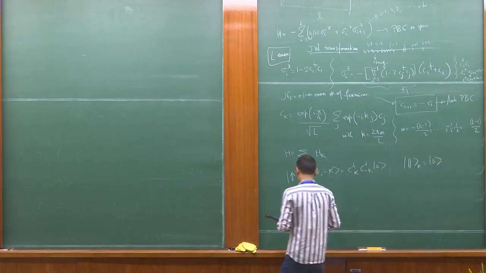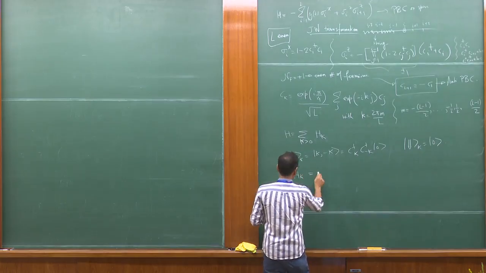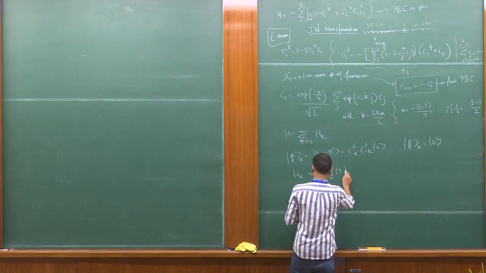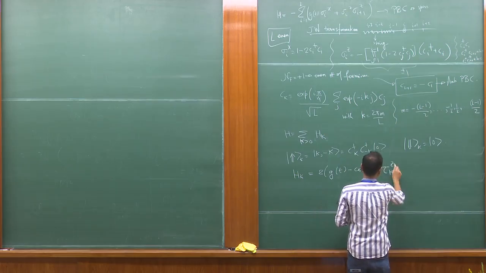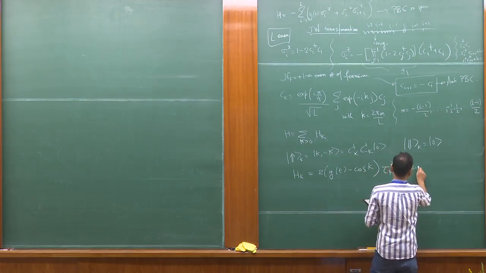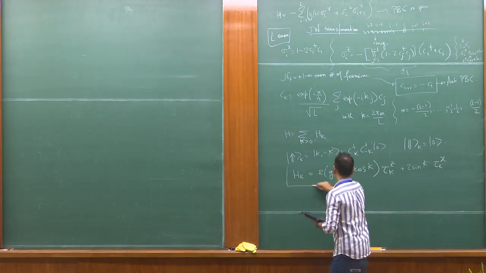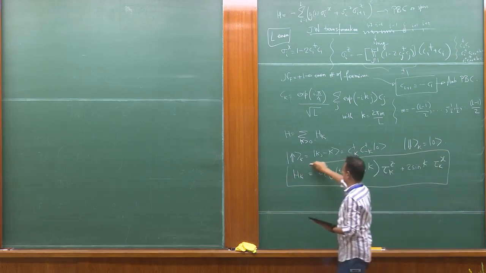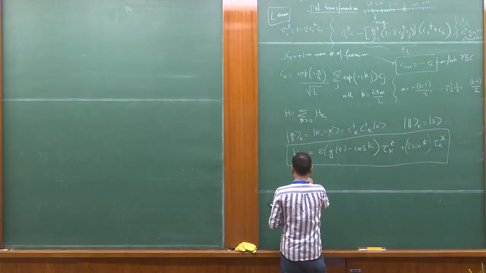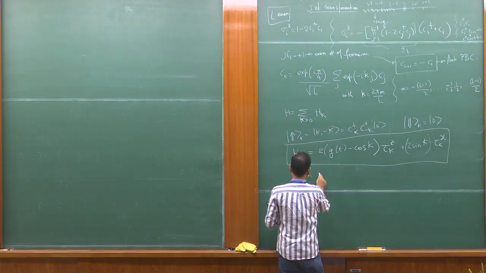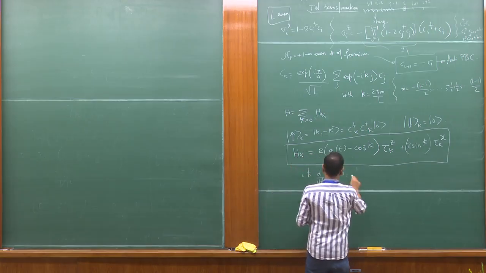Okay? And then, if you just write this in terms of Pauli matrices, you get the following pseudospin representation. And of course, you can just do the dynamics of each pseudospin separately, right, with that Hamiltonian.